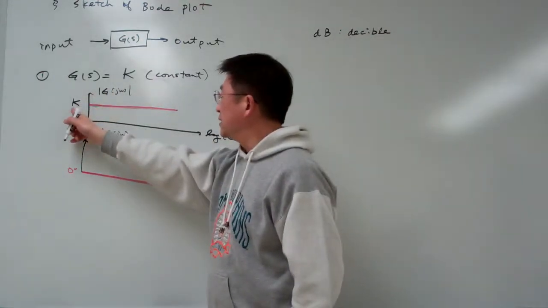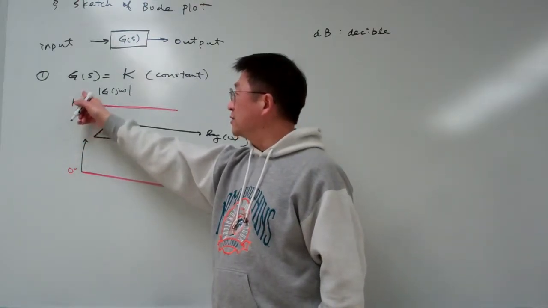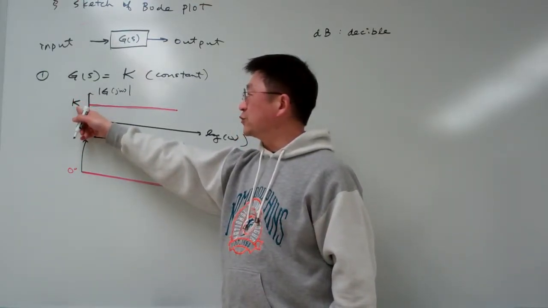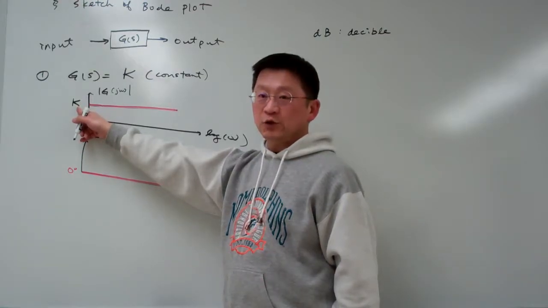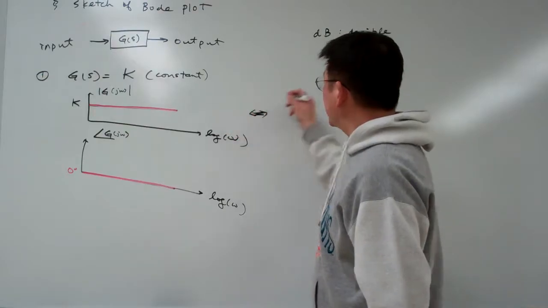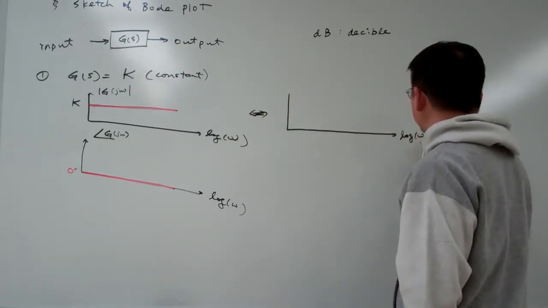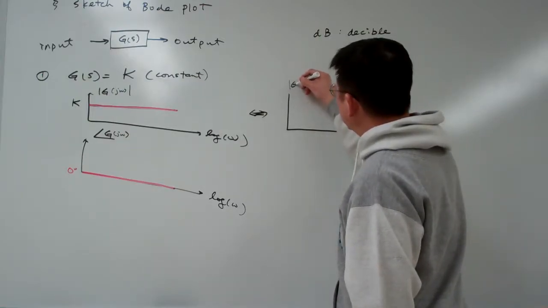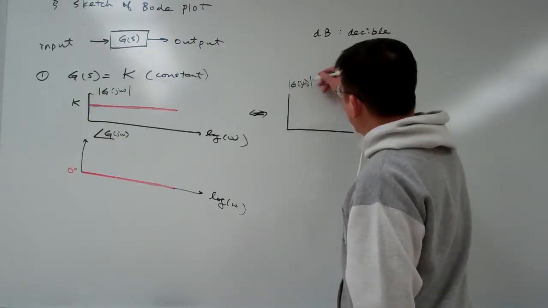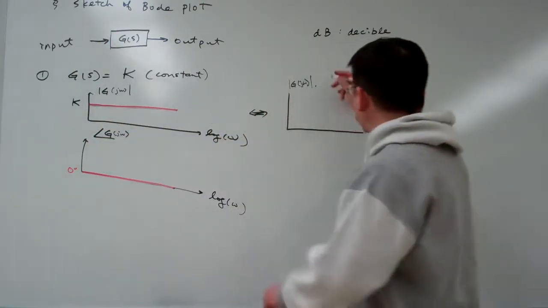So say for this case, the system has a magnitude of K, and this magnitude is measured with no unit. There's no unit for K. However, if we want to describe the magnitude in terms of the decibel, I want to express it in terms of dB.